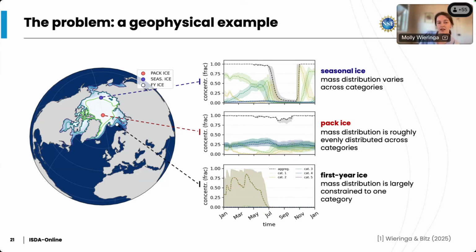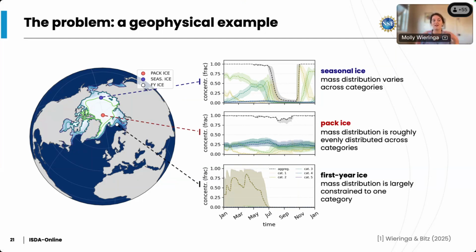We can also look at a pack ice environment, which is typically thicker and has sea ice concentration that stays near total coverage throughout the entire year, and has a much more even distribution of sea ice concentration across its underlying subcategories. Finally, we'll consider a first-year ice environment, which melts out completely each summer and regrows each winter, and therefore has most of its sea ice concentration held within the first and thinnest ice category.